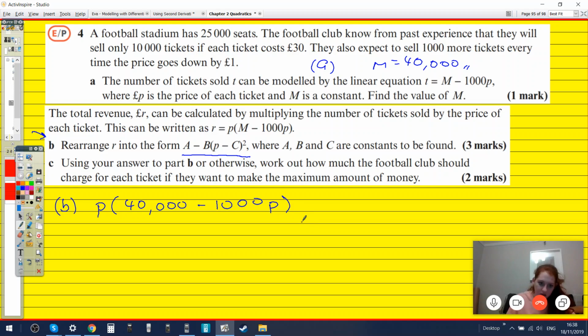And obviously, are we timesing back out the P? Yep. So we'll have a minus 1,000P squared plus 40,000P. And we're solving it before in the calculator to find the maximum and the minimum. That's it.